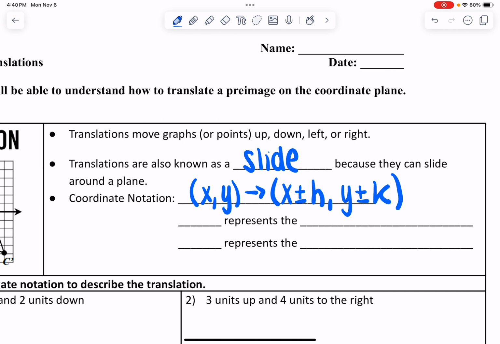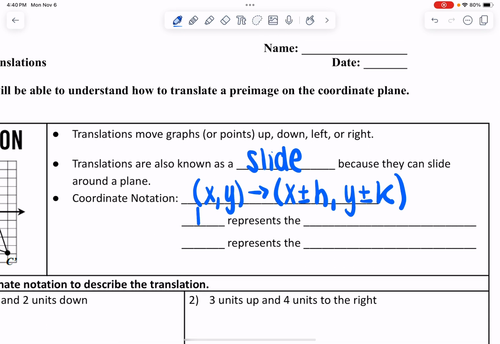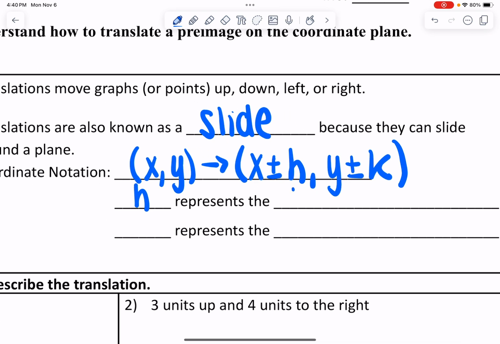Let me break down what this means. We don't know what h and k are. h is the horizontal shift, which determines how much we go left or right.